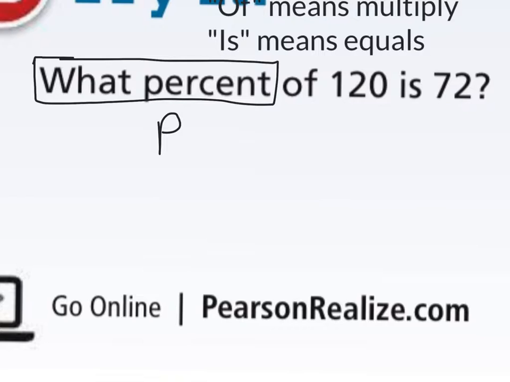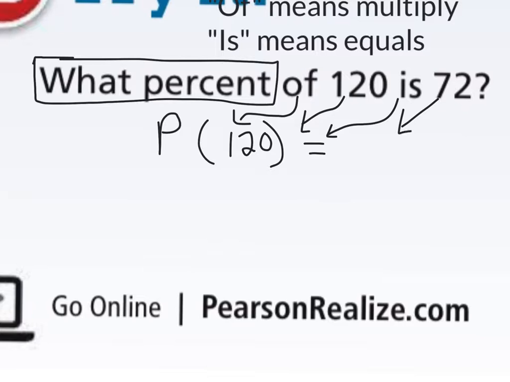The P just helps us remember that our answer is going to be a percent, and we're going to have to move our decimal at the end. So we said "of" means multiply, and then 120 comes down. Then "is" means equals, and then 72.